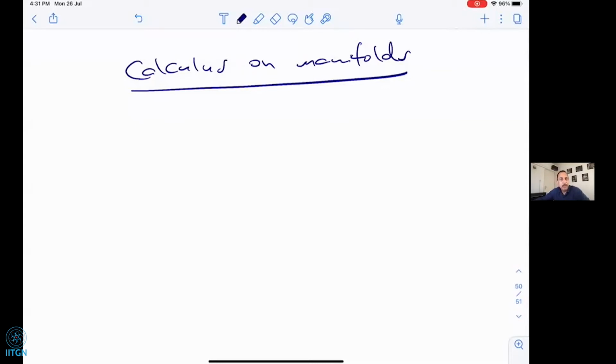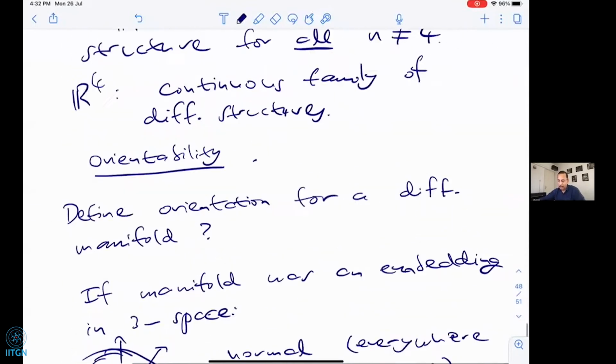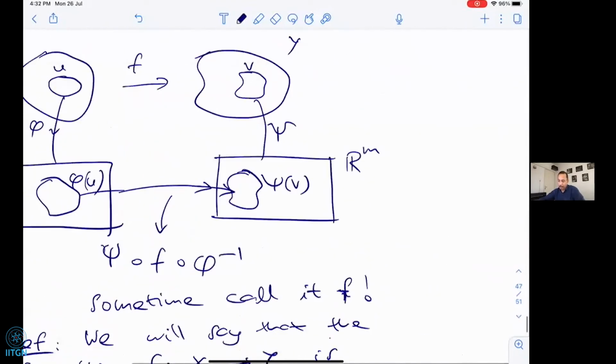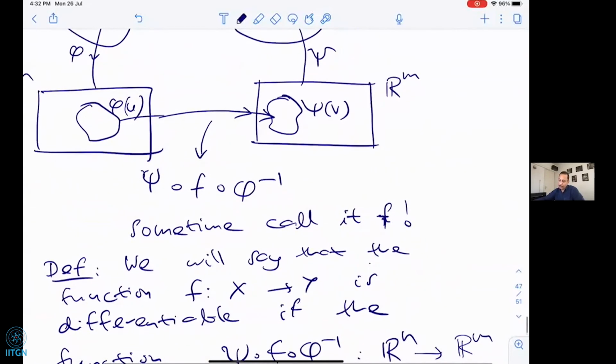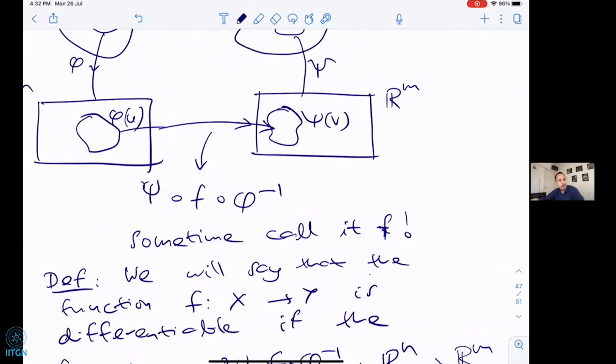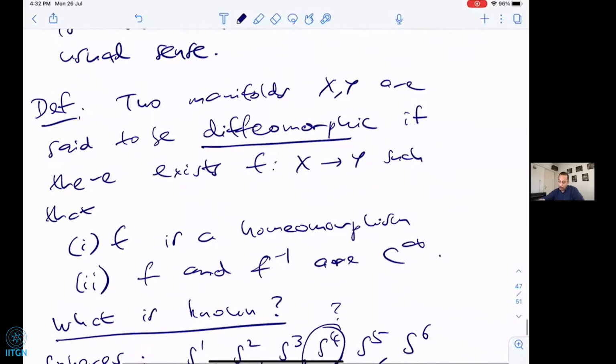Often when we hear a lecture, we forget all the ifs and buts in every sentence. But if you want to get the most out of this lecture, you need to realize that when I was talking of these two manifolds and said that the function is differentiable, I never said this function has to be a homeomorphism. Later on, when I said the function is a diffeomorphism, that time this function has to be a homeomorphism.